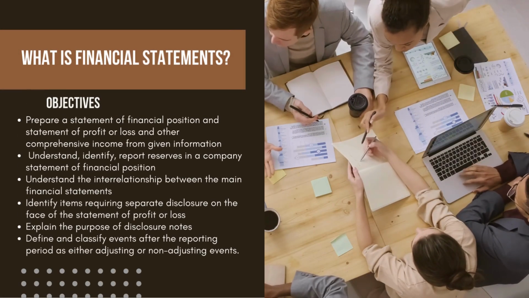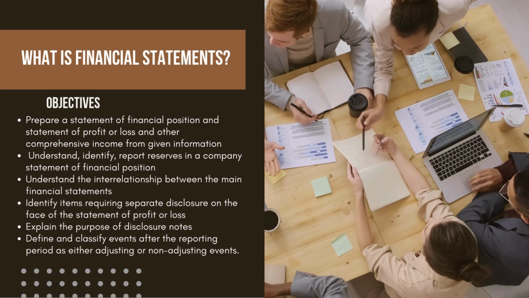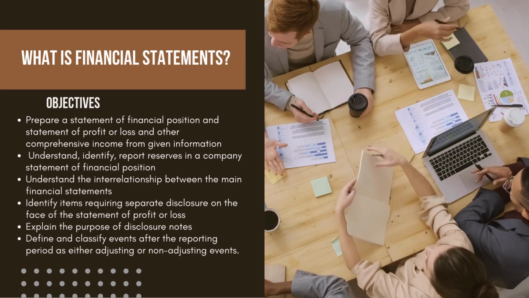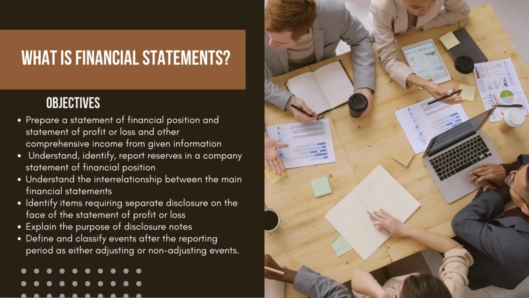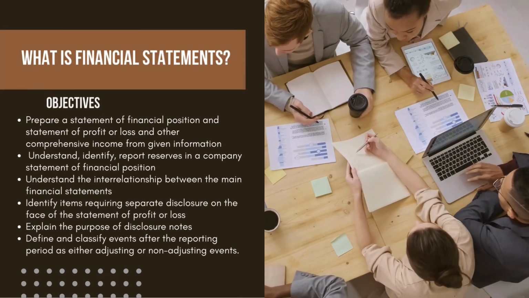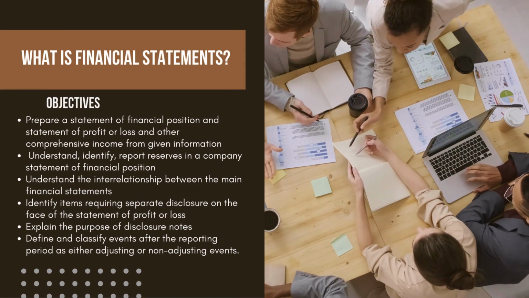Moreover, we also need to identify items requiring separate disclosure on the face of the statement of profit or loss, explain the purpose of disclosure notes, and last but not least, define and classify events after the reporting period as either adjusting or non-adjusting events.